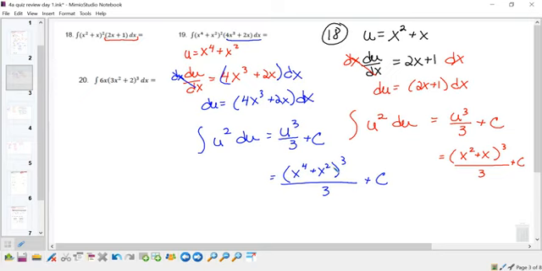Oh, 20 is a direct match as well. Huh, the warm-up was the hardest part of this whole review. All right, on 20, the inside part here is my u, because then du dx is 6x, which is here.